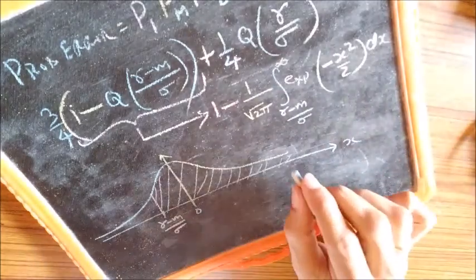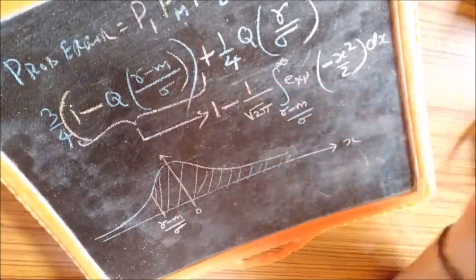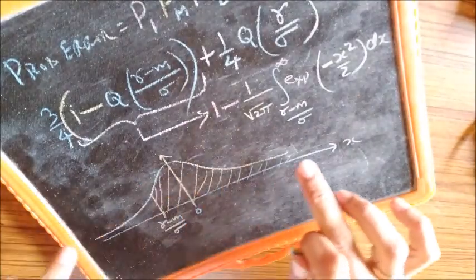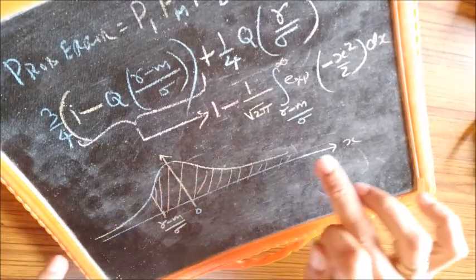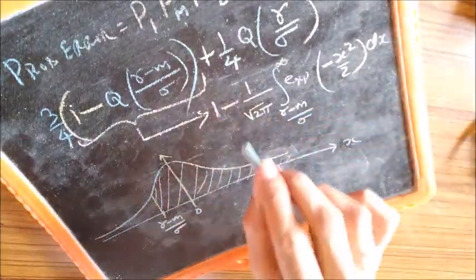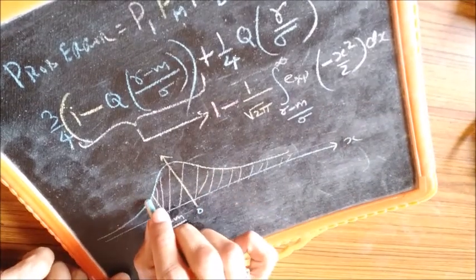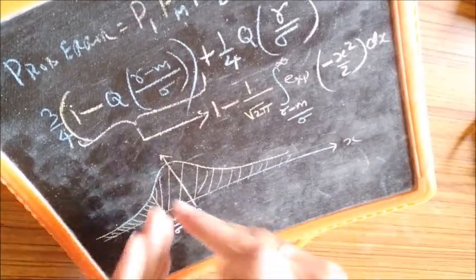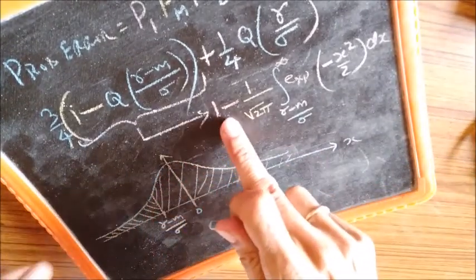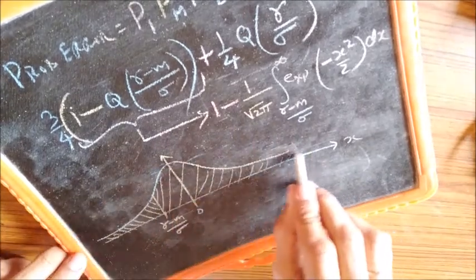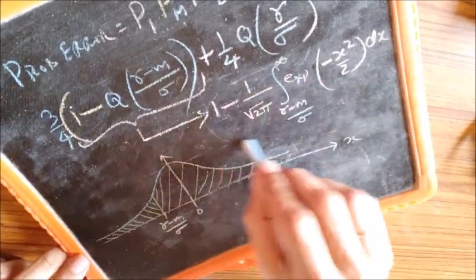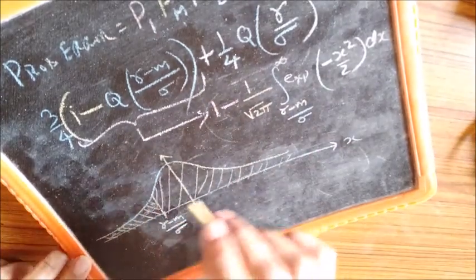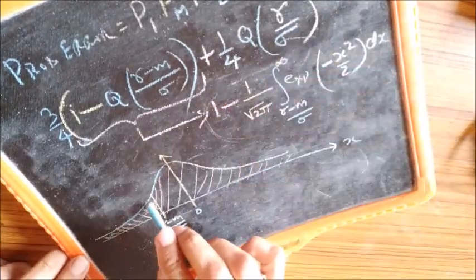It is this area that we have here, and we are subtracting that from 1. The total area under any density function is 1. So 1 minus this area should give you this area, the one which I am shading now, because 1 is the total area and from that 1 you are subtracting this area.